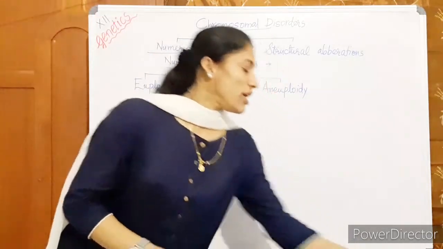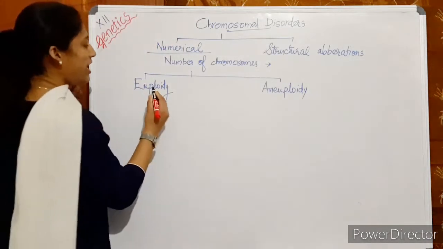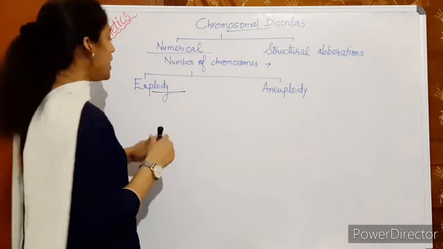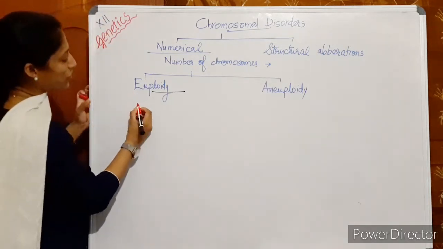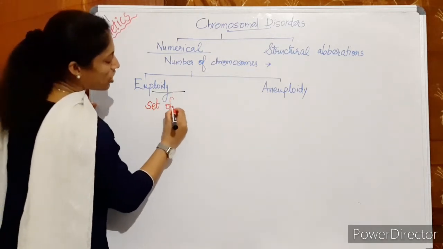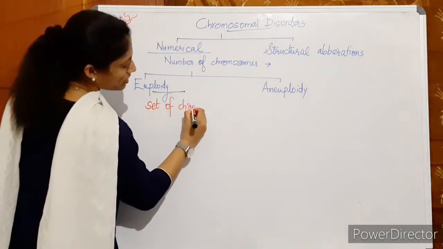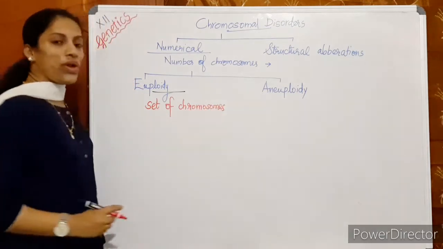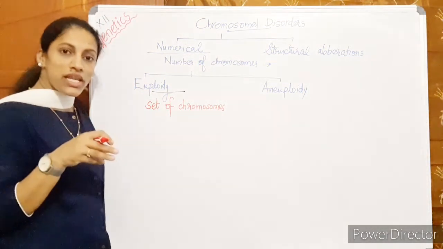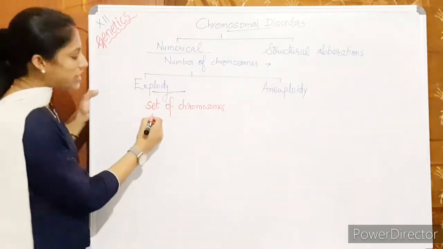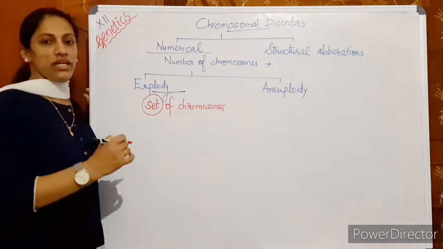Anyway, in euploidy, there will be an increase or decrease, mostly increase, in the number of chromosomes as a set. The set of chromosomes is increased.